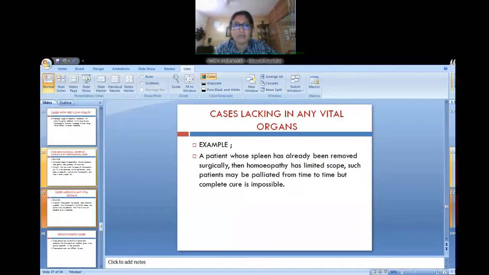So many times what happens is the disease has been present in the patient for a very, very long time, for a prolonged period, and it has a strong miasmatic background. So at that time, you first try to bring immediate relief in the patient so that they don't suffer the symptoms on a daily basis. Cure will occur if you don't find a flare up of the symptoms for a long period of time.